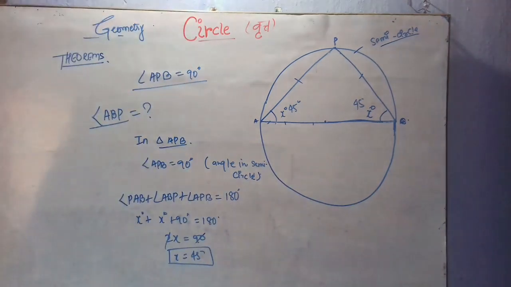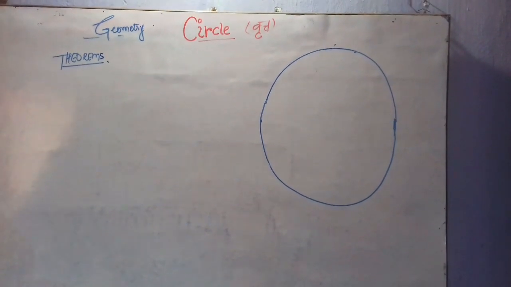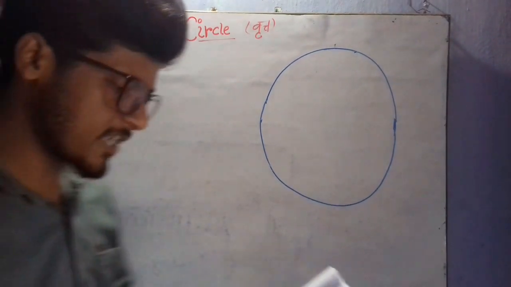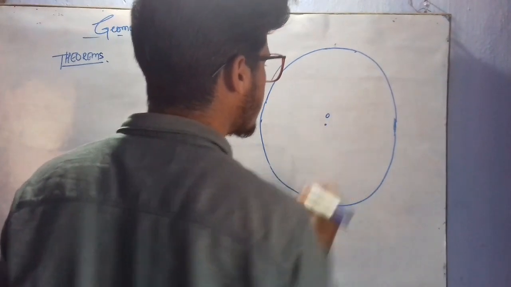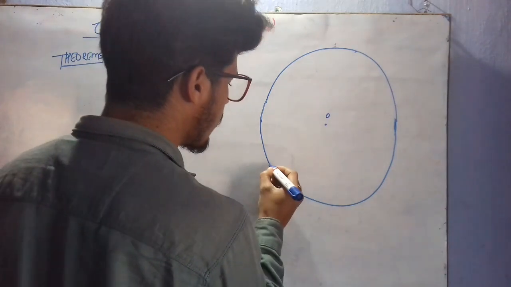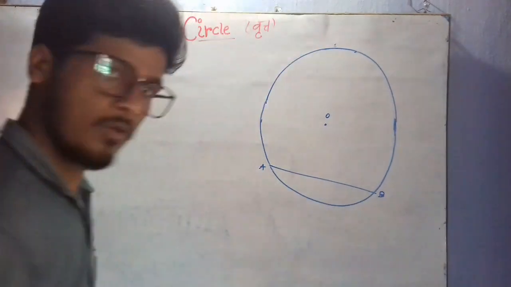Okay, so moving to the next point, our next question is that if in a circle, this is the center, let's draw a chord AB. Okay.